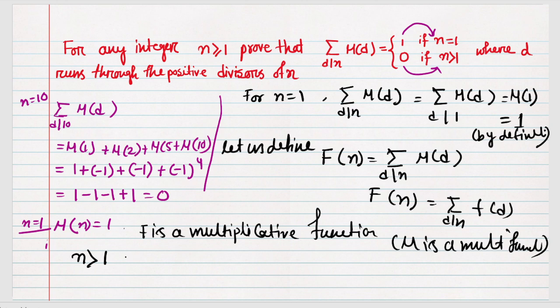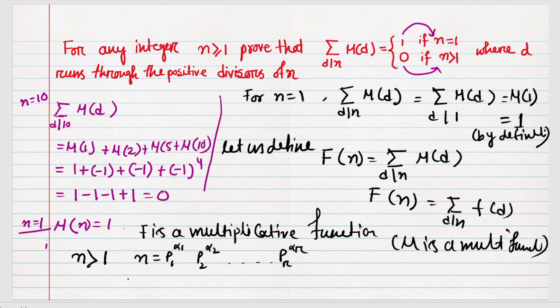factorization. We can write n as p1 alpha 1, p2 alpha 2, up to pr alpha r.